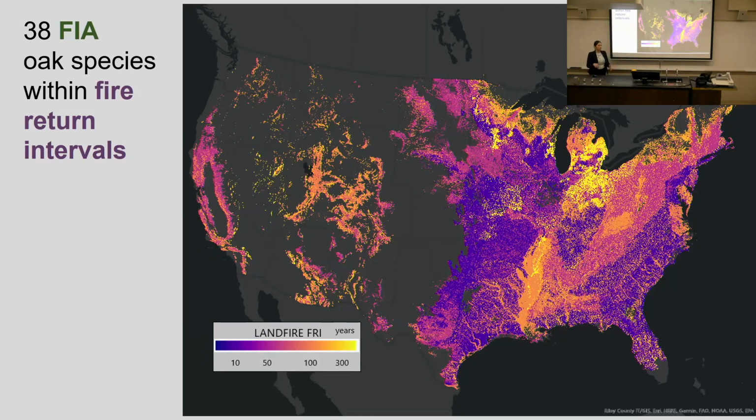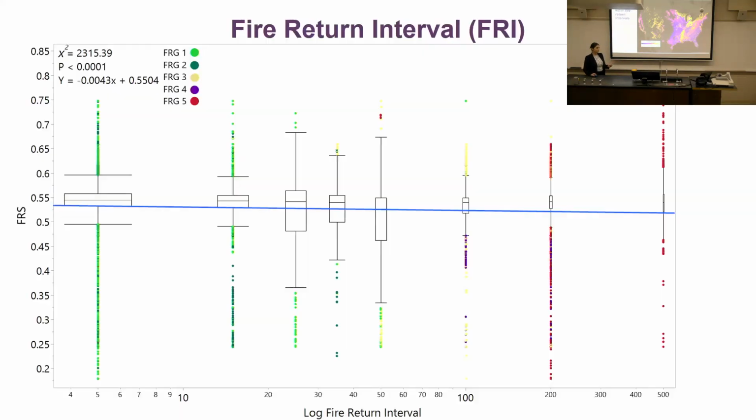Then we took just that 1% selection of this overall study area to give us these results of our fire return interval on our X. So as the fire return interval is increasing, we see on our Y that our fire resistance scores of those community weighted values are decreasing ever so slightly.